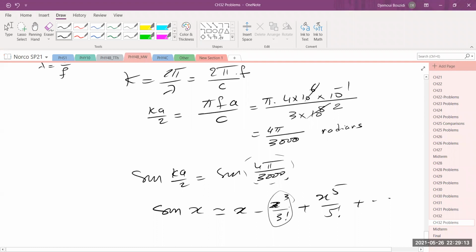And 1 over 1,000 when you cube it is 1 over a billion. So we're making a correction of a millionth compared to this one. So that's why this number is roughly 4 pi over 3,000. Okay, end of the story. So I don't even need to punch it on a calculator. And if you don't trust me, just punch it on a calculator. Make sure your calculator is in radians and you should find the same answer.